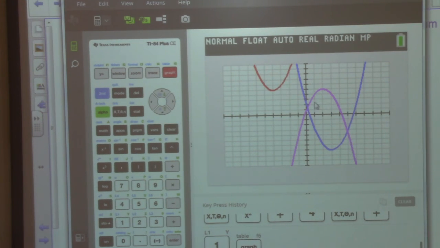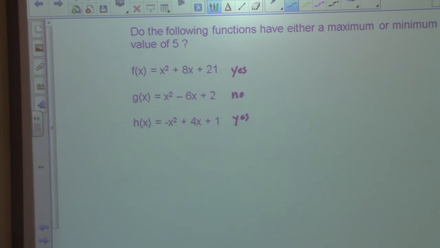And so here we have a maximum of 5. Right? So that one is yes, the red one. This lavender one is yes, but this time it is a maximum. And then this blue one has neither, the minimum is not 5. Okay.